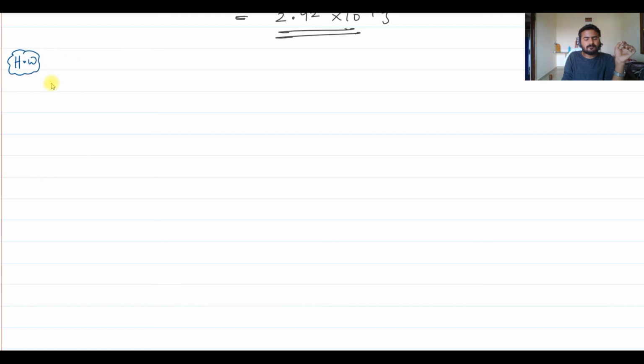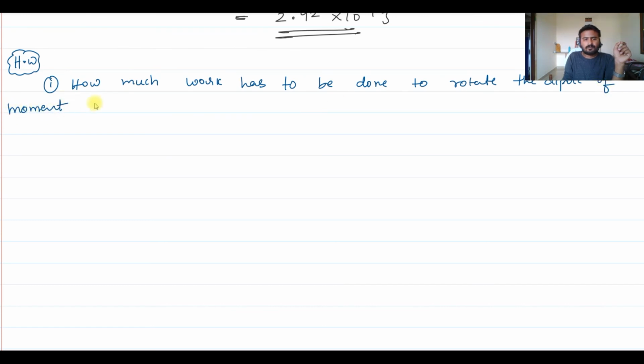How much work has to be done to rotate the dipole of moment p in an electric field E from an angle theta equal to 0 to theta equal to 180 degree.